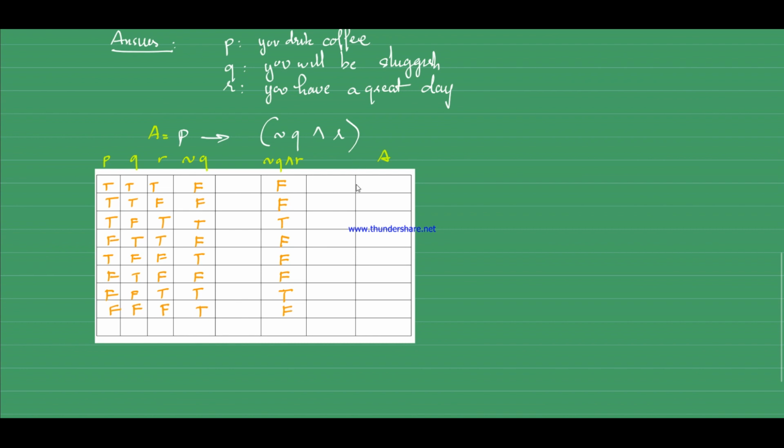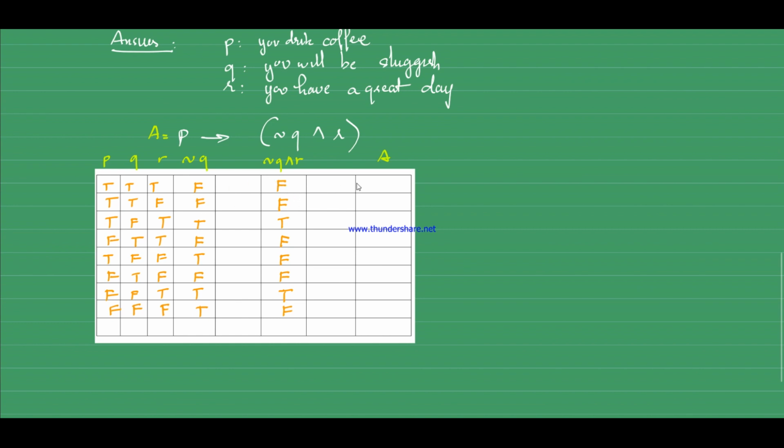And over here we will have the column for A. A is P imply this. So T imply F. So we just give you F because F over here is the consequence statement. You did not get a watch.